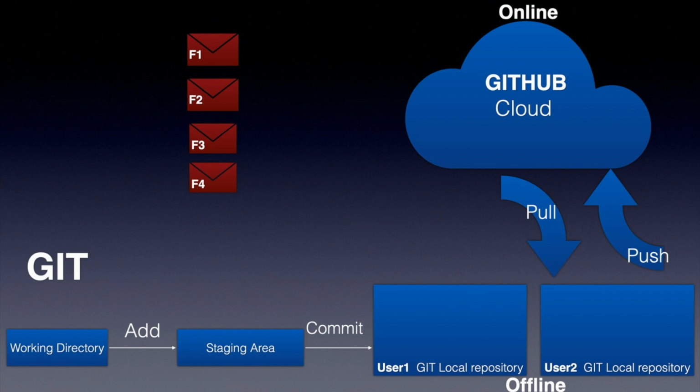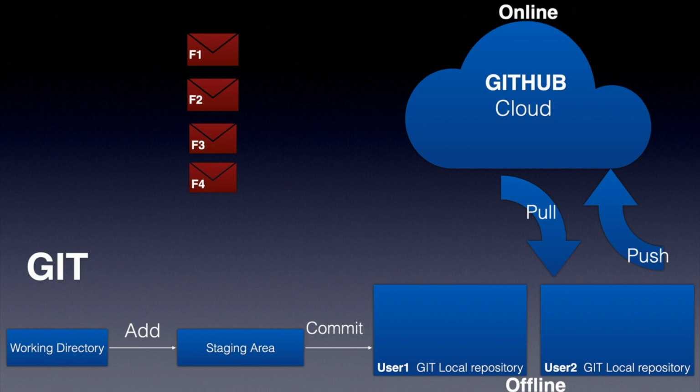We said Git is a version control system, and it's useful for coordinating work among multiple people on a project and for tracking your progress over time. For example, here we have files. Let's say you are creating different files on your local machine, and you're making progress on each, for example coding.